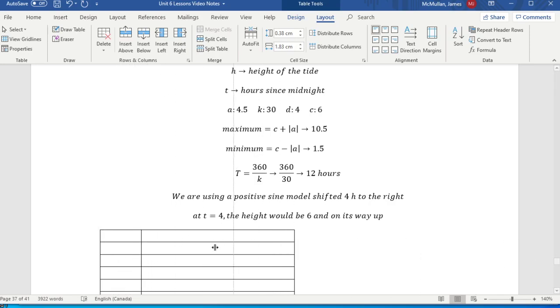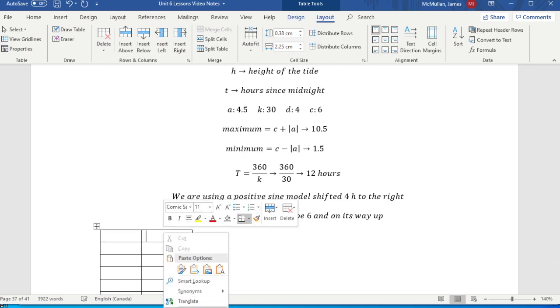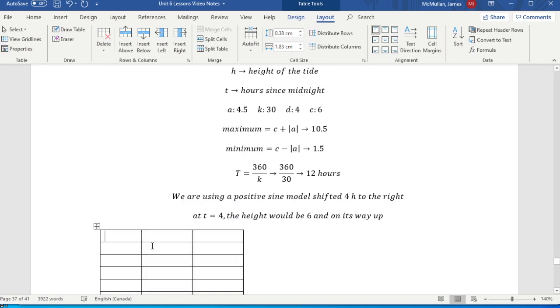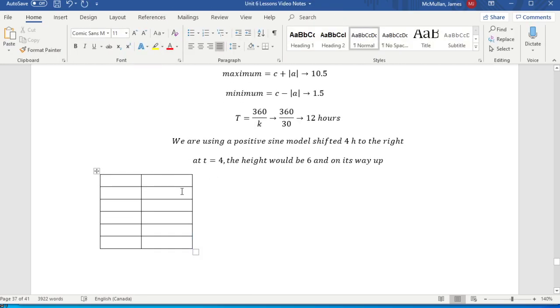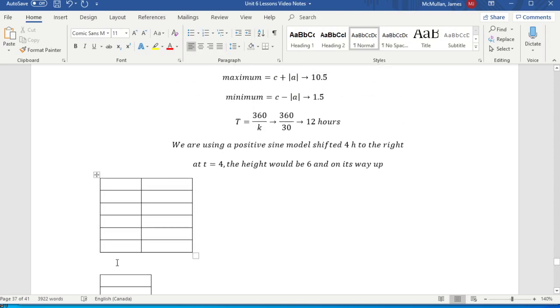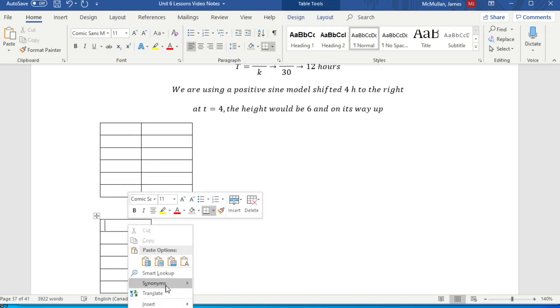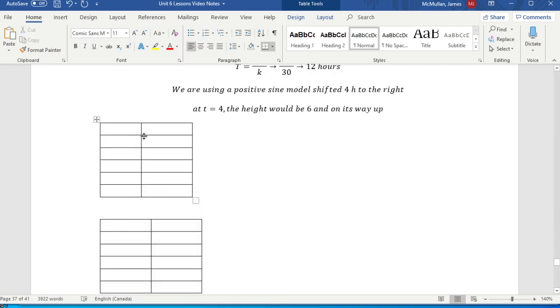Actually, you know what? I want to draw a third. So let's insert columns to the right. Let's look at sine a different way for a minute. Let's say time and sine.